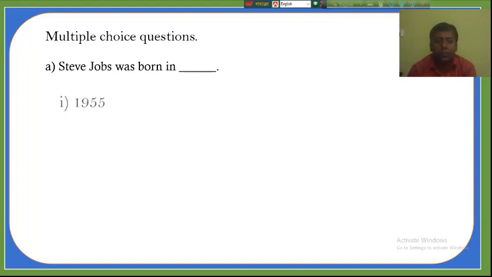Multiple choice questions. Dear students, now we will try to solve some multiple choice questions, and it is: Steve Jobs was born in option.